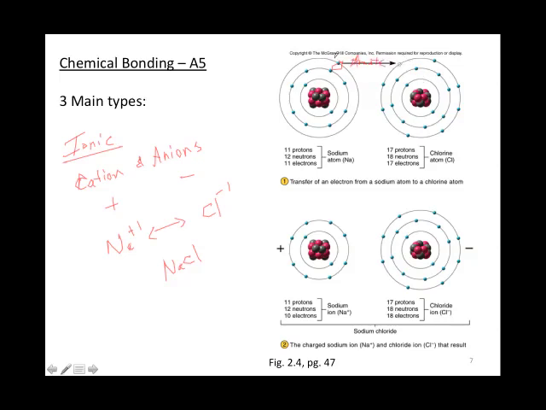Sodium loses that single electron, ends up with a full valence shell in this second orbital here, which is what they want, and as a result they join together. So this is basically an opposites-attract type of thing. In a way, you can look at it as an electrostatic attraction, these positively charged and negatively charged atoms forming a neutral bond with one another.